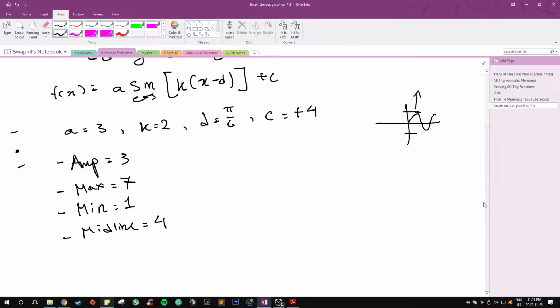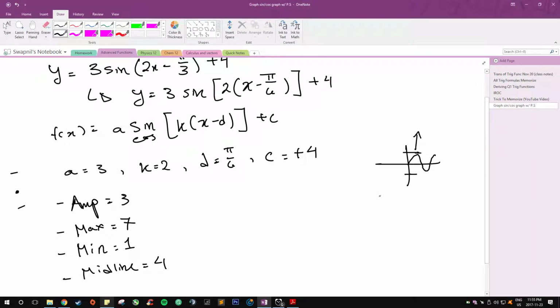Okay. Now let's think about this graph for a second. Let me just erase this. So say we had something like that. Something like that, right? So if you had a normal sine graph, it would start at 0, go to 1, and then -1, and back.